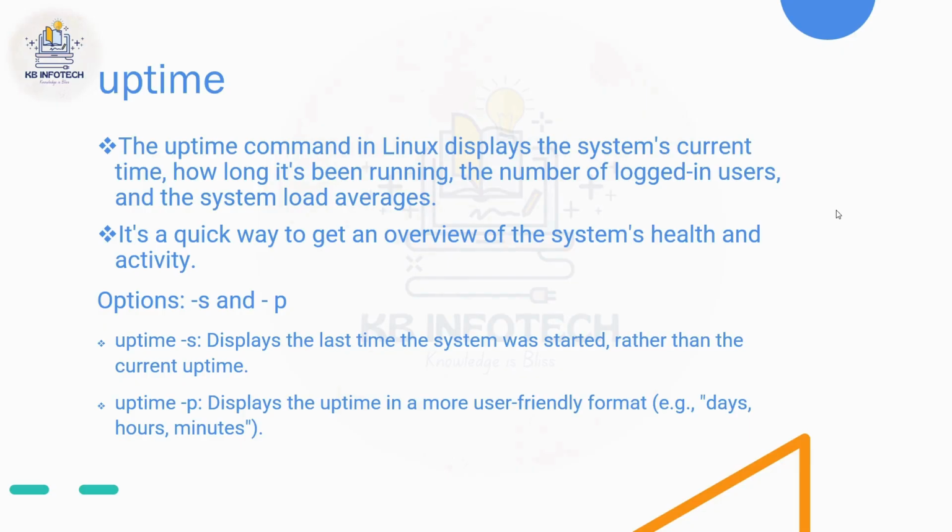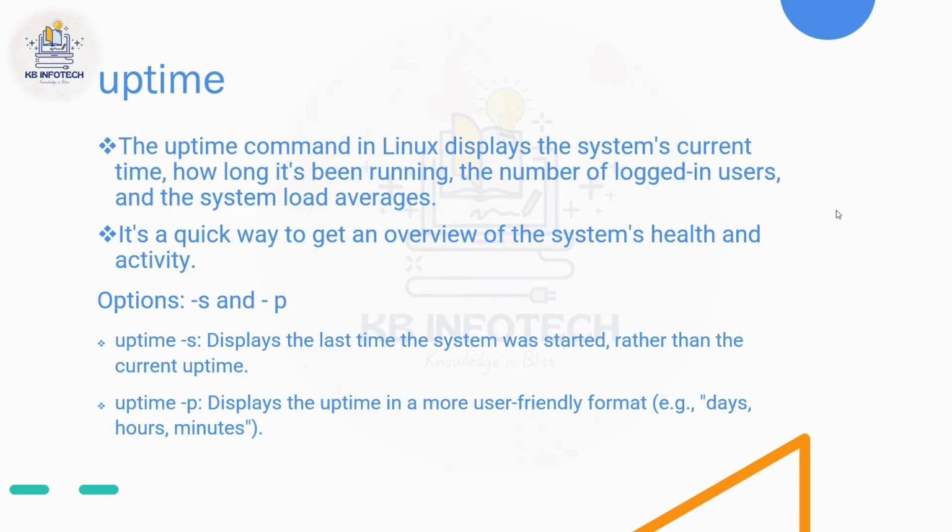Right, we have a couple of options we can use along with this uptime, and you can see the information in a more detailed way. We have the -s option, which displays the last time the system was started rather than the current uptime. Instead of uptime, it will display the timestamp of when the system was last started.